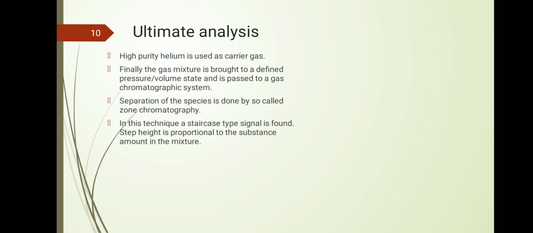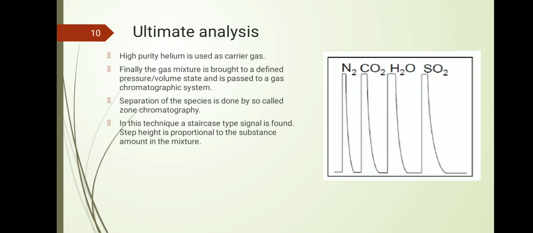And what we will get in gas chromatography is signals, staircase type signals like this. So our output of gas chromatography will be a staircase type signal, and the height of each step is proportional to the amount of that gas.